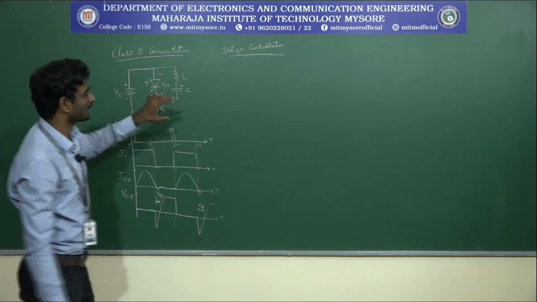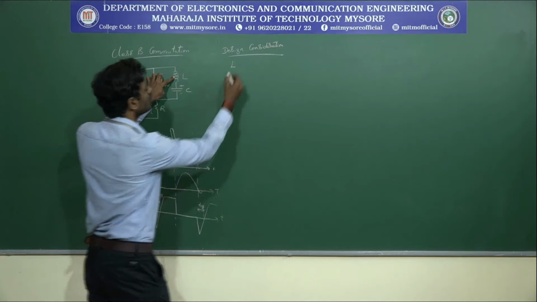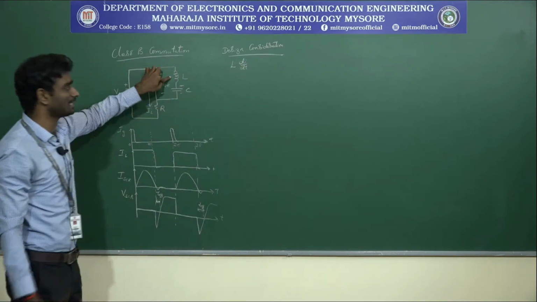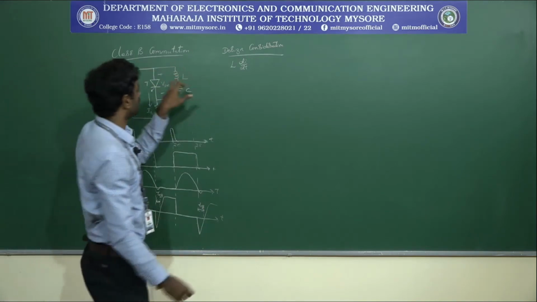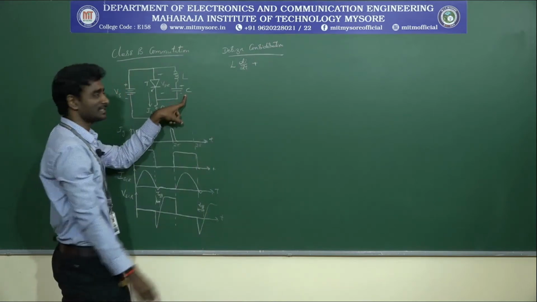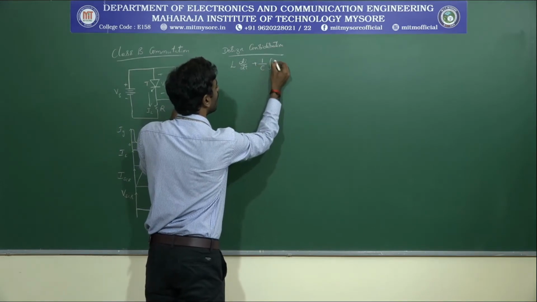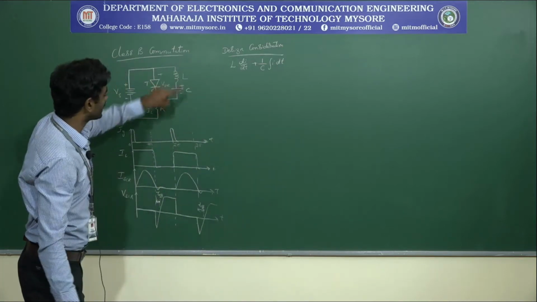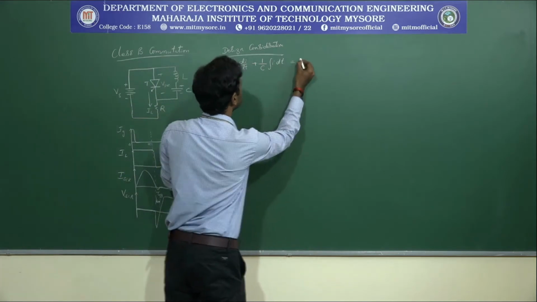Considering this circuit, I can write L into di by dt, that is the current flowing across this particular loop, plus, you will have a capacitance here, I can write it as 1 divided by C integral of i dt. So this will be the inductance and capacitance with respect to the circuit. So this will be equal to 0 here.